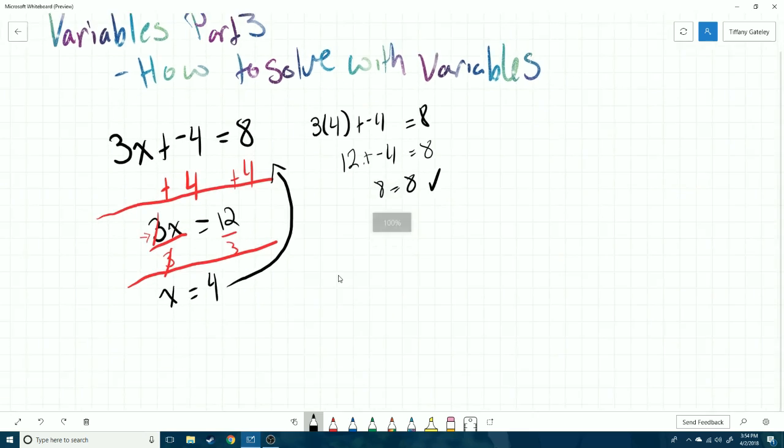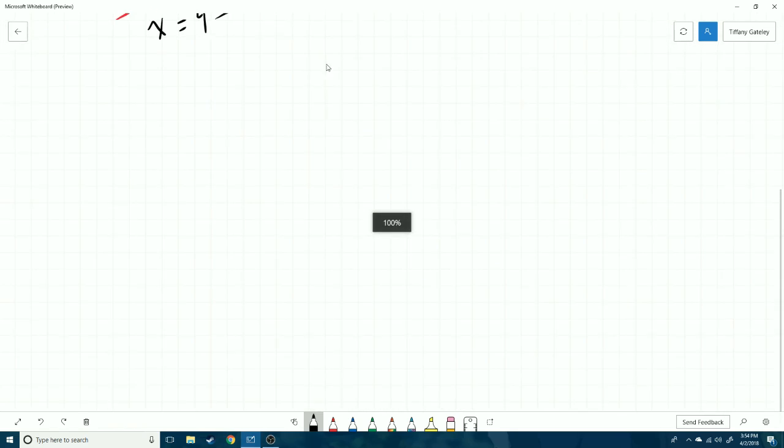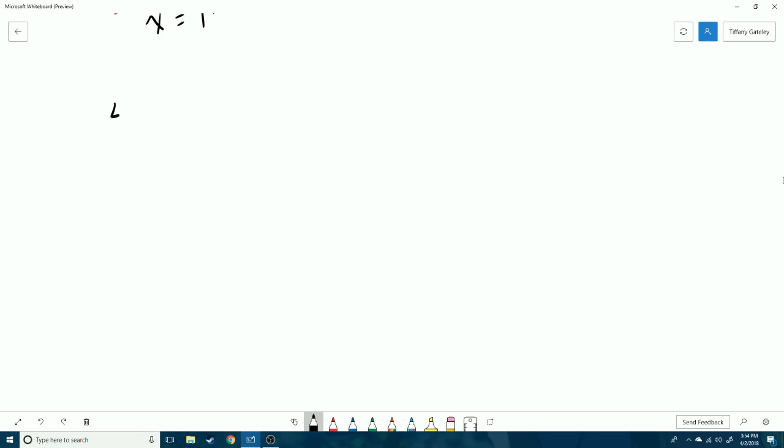Okay, so our next example is also a simple example, but this one's working with exponents. So our next example is 4x squared equals 144.